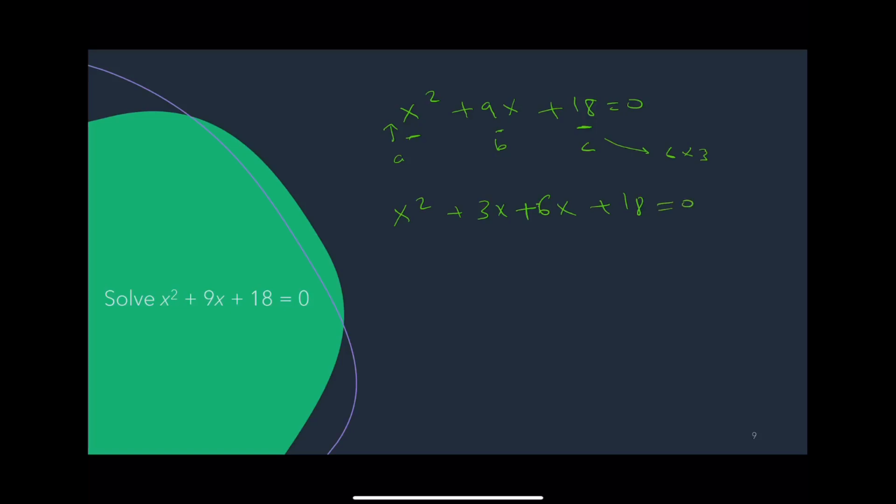Let's take the common denominator, and here we get x, x plus 3, plus, take 6 as a denominator, that gives you x plus 3. So x plus 6 multiplied by x plus 3 equals 0 means x could be minus 6 or could be minus 3.